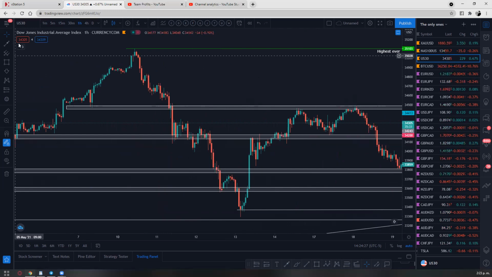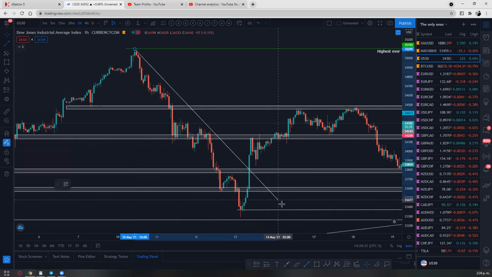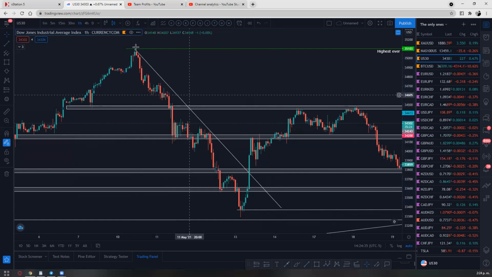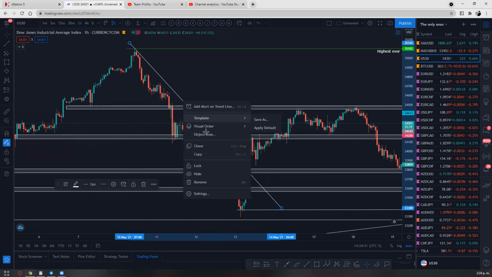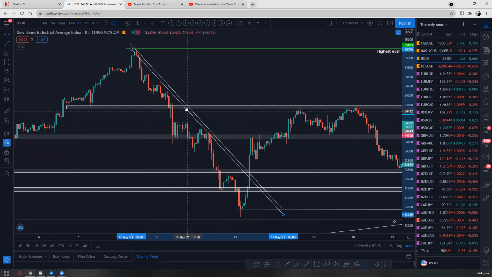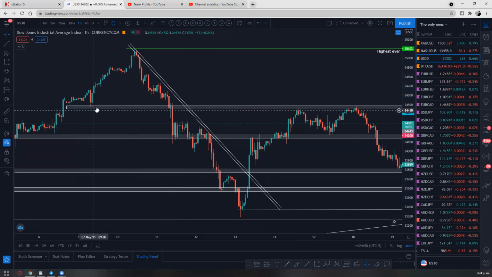So the first thing I do is I just draw my line. Okay, just draw my line. It could be from the top. This is the way I usually draw my lines. Whenever you do this area, for example, right here, you do this support line, this is a zone.